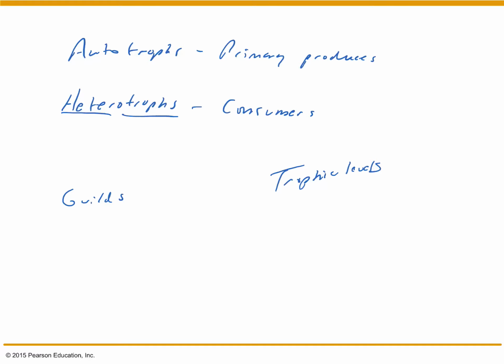And by grouping species into guilds, it can really simplify the study of these very complex communities and food webs by creating subsets that are more manageable for researchers to study, okay? And it can also allow studies of the level of organization within the community, because the interactions of guilds can actually affect community structure and community dynamics.